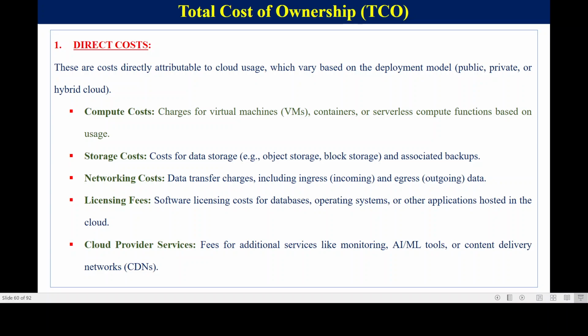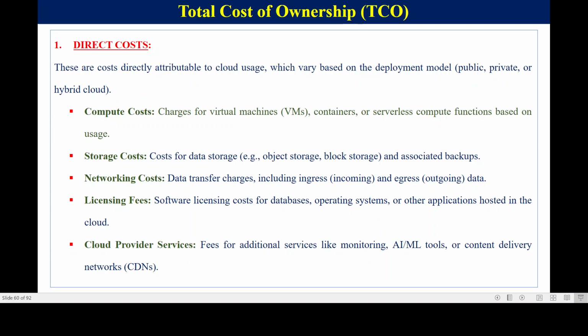The next one is networking cost. Cloud providers charge for transferring data. This includes incoming data, that is ingress, and outgoing data, egress. Usually, outgoing data transfer costs more than incoming data.